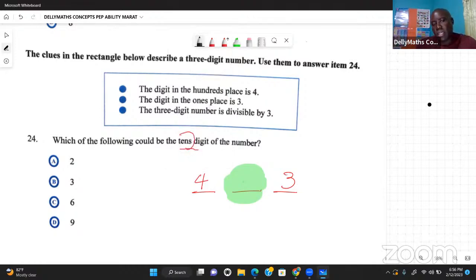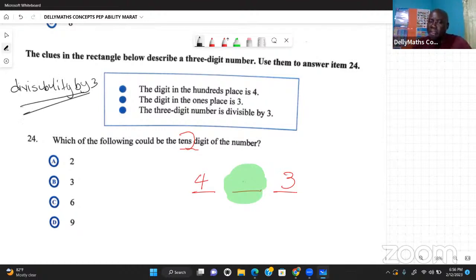So now watch this. The 3-digit number is divisible by 3. What is this question working on? It is working on your idea of what is called divisibility by 3.